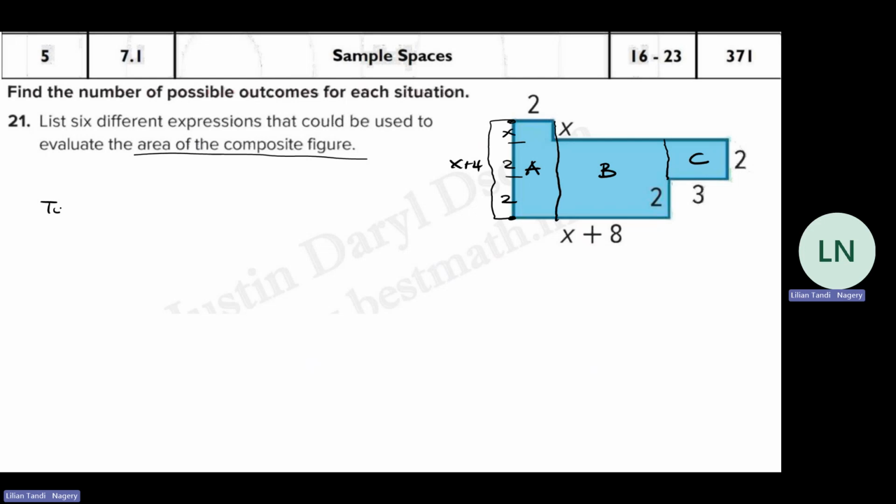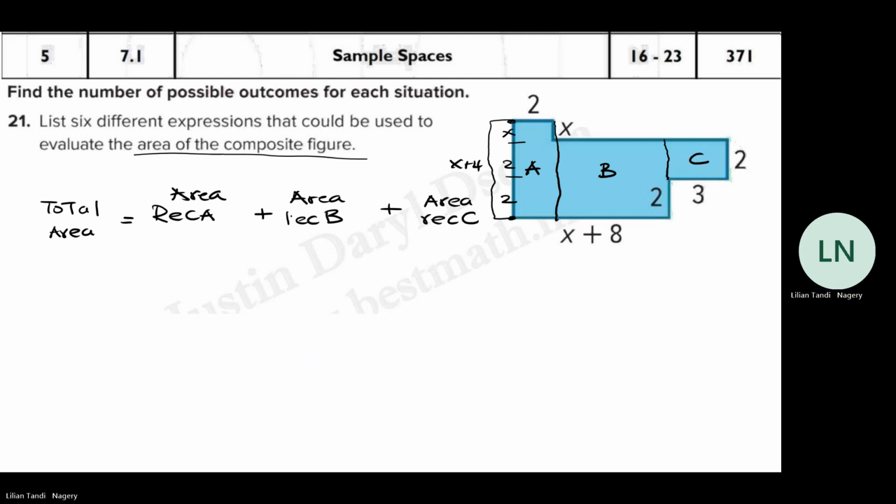So now I'll find total area equals area of rectangle A plus area of rectangle B plus area of rectangle C. How do you find area of a rectangle?